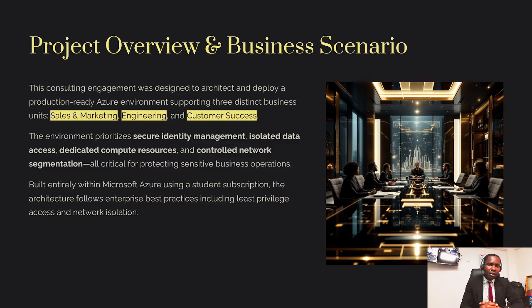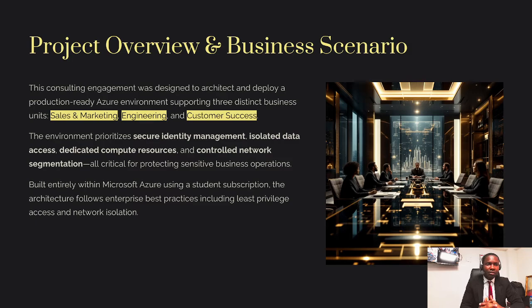On the second slide, you can see we have the project overview and business scenario. The project was to create sales and marketing, engineering, and customer success units in VMs in the Azure portal.